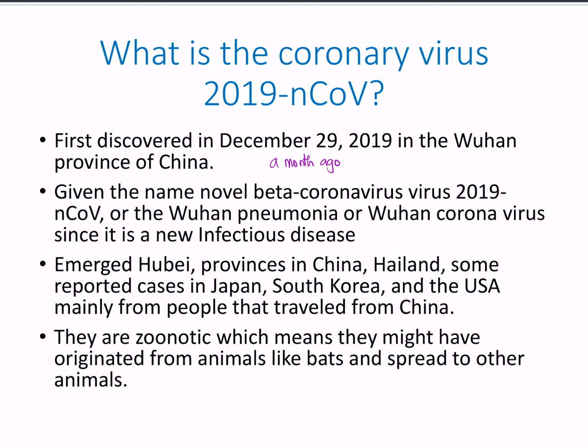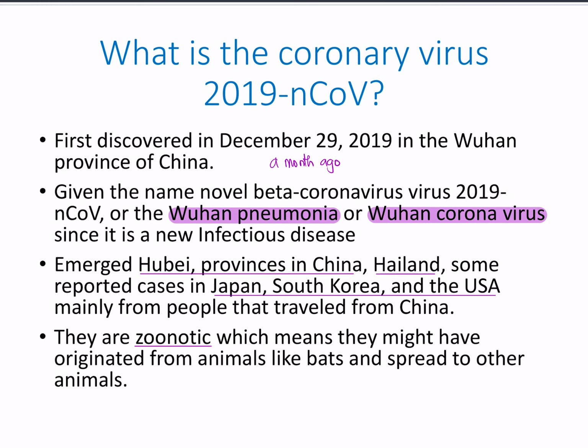Some people call it the Wuhan phenomenon or the Wuhan coronavirus, since it is new and originated there. It also emerged in Hubei, a province in China, and Henan. Now there are reports of cases in Japan, South Korea, and here in the United States, mostly because of people that have traveled to this area.